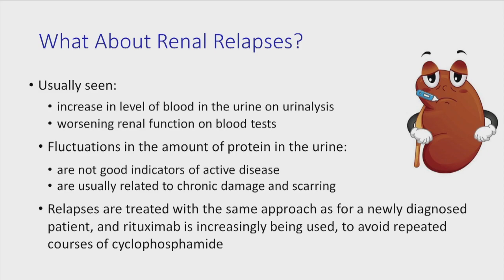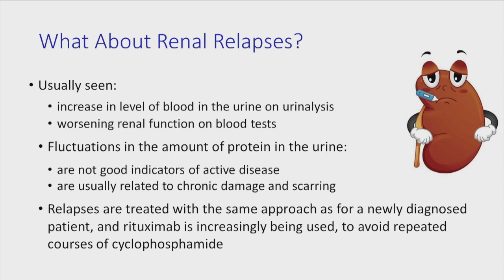So what about renal relapses? How do we know if the patient is having a relapse of the kidney involvement? So what we usually see is an increase in the amount of blood in the urine, in the analysis of the urine, either in the lab or by dipstick. We also see a worsening renal function on blood tests, so the creatinine goes up and the GFR goes down.